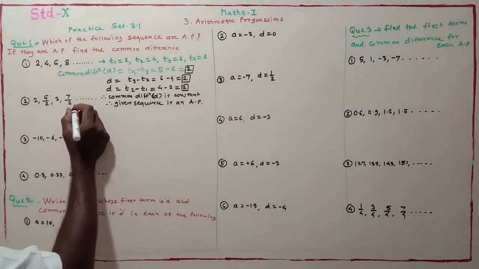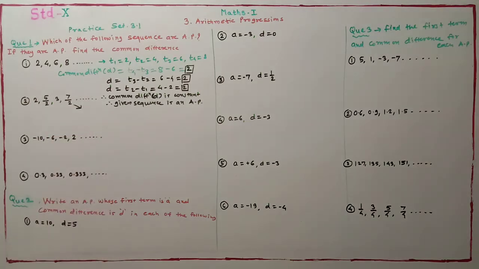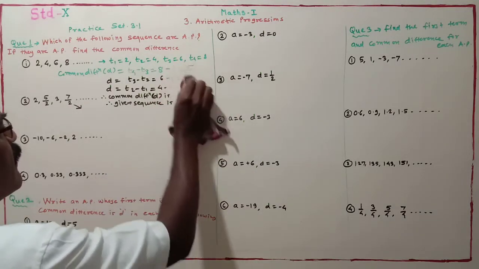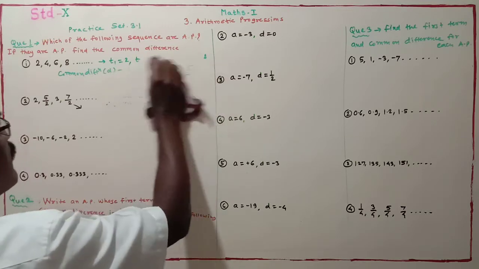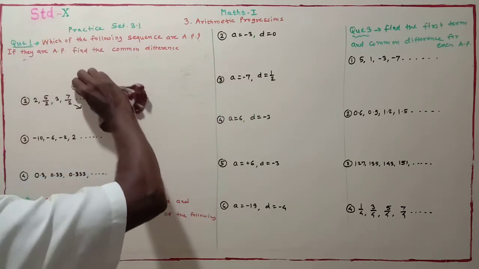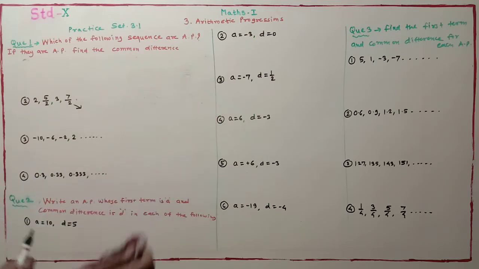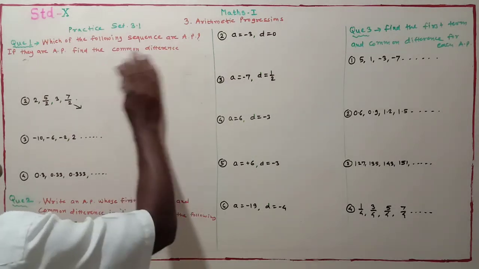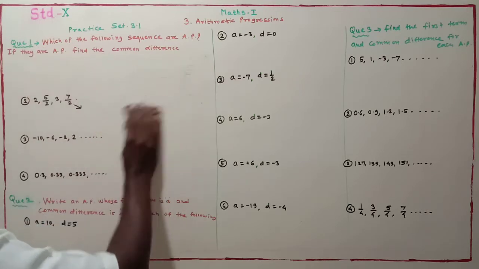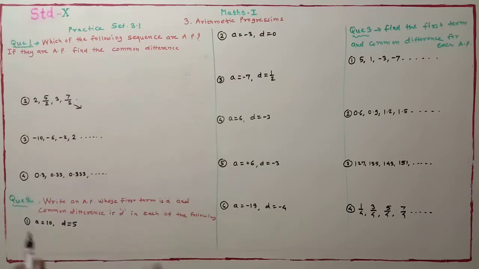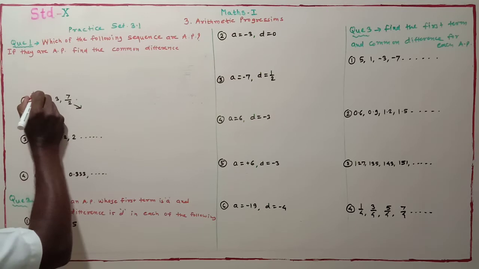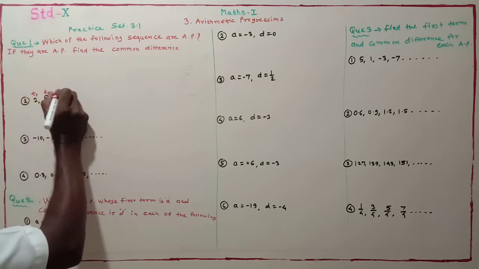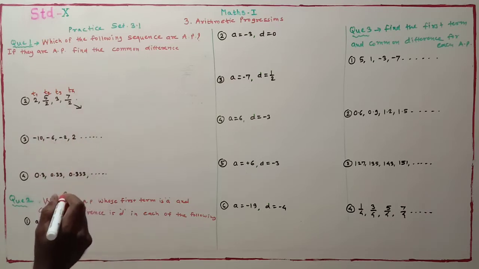In the second example, this is the T1, this is the T2, this is the T3 and this is the T4.